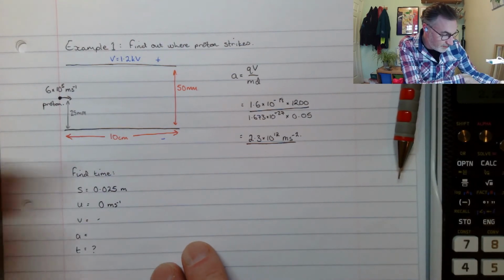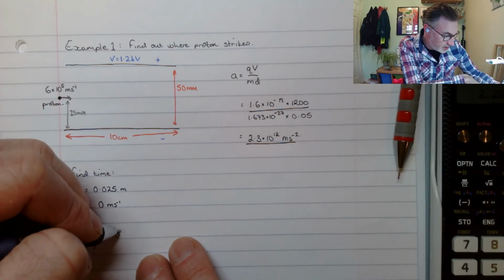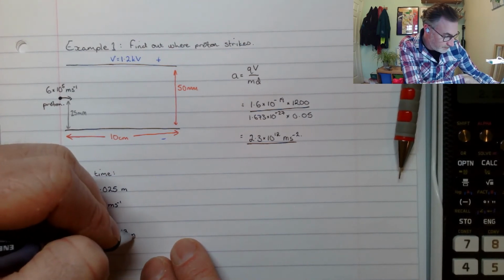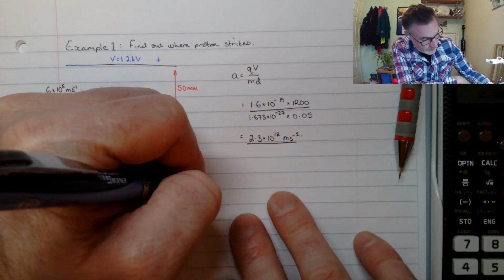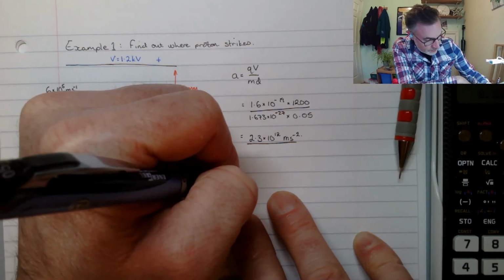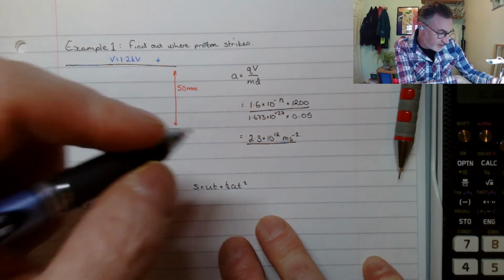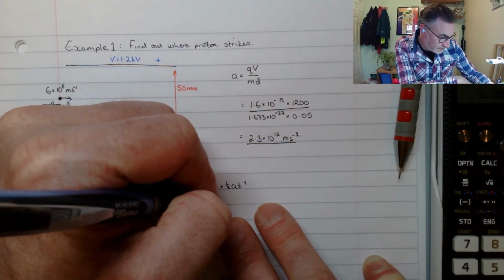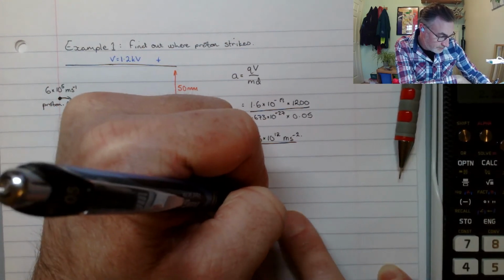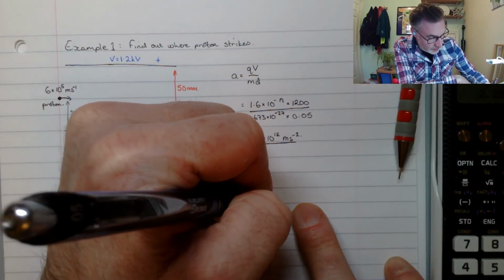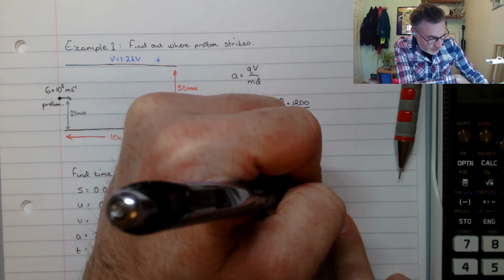We don't really care about velocity at this point, and we have a = 2.3 times 10 to the power of 12. s equals ut plus half at squared, so 0.025 = half times 2.3 times 10 to the power of 12 times t squared.